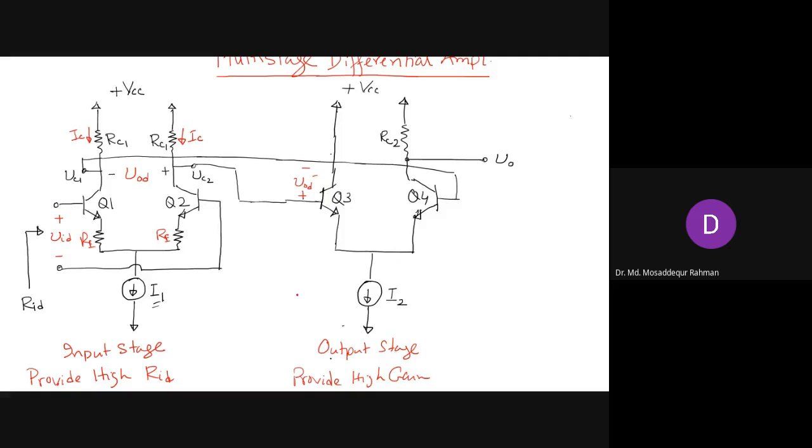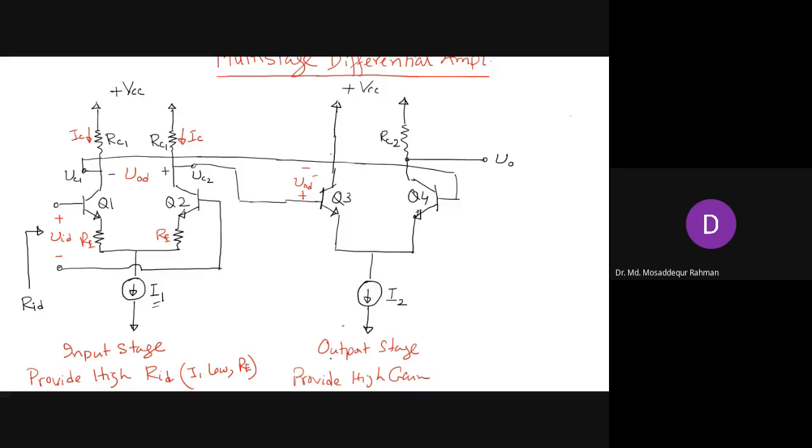And to increase the input resistance, what we do, well, we can take the low bias current I, and we also incorporate a resistance in the emitter RE. So these two we can do to enhance the input resistance here.